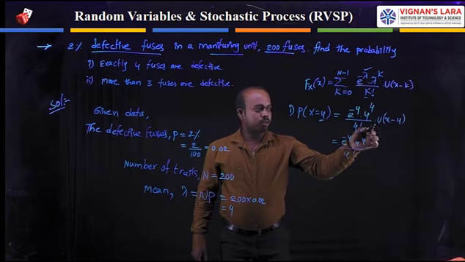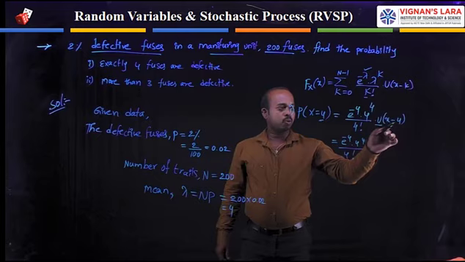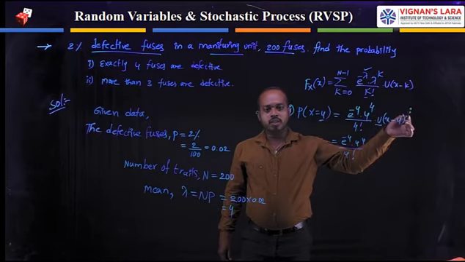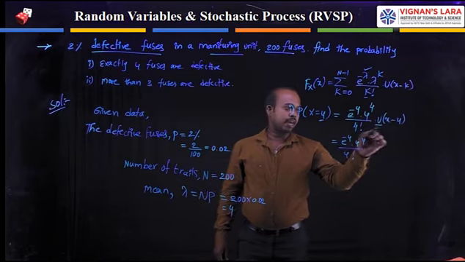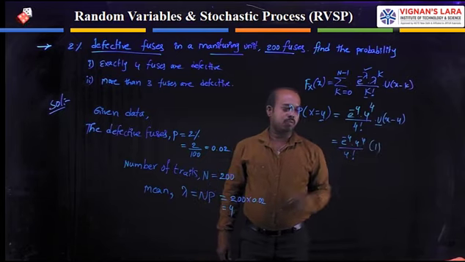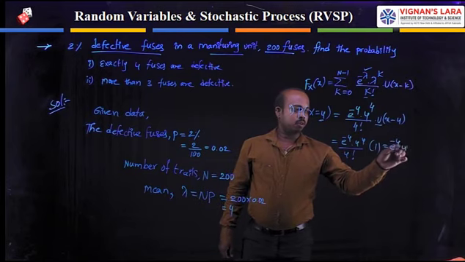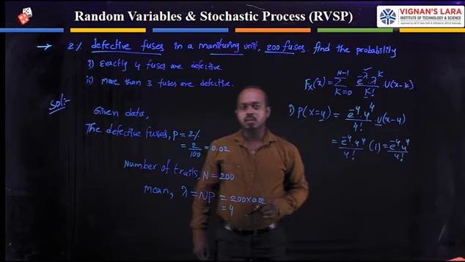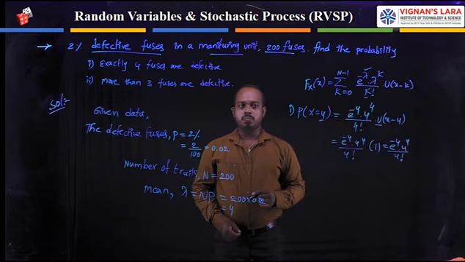Here the step function x minus 4 runs from 4 to infinity, and this quantity is 1, so the magnitude of the step function is 1. Now you can find e power minus 4 into 4 power 4 divided by 4 factorial. We obtain the probability that exactly 4 fuses are defective.